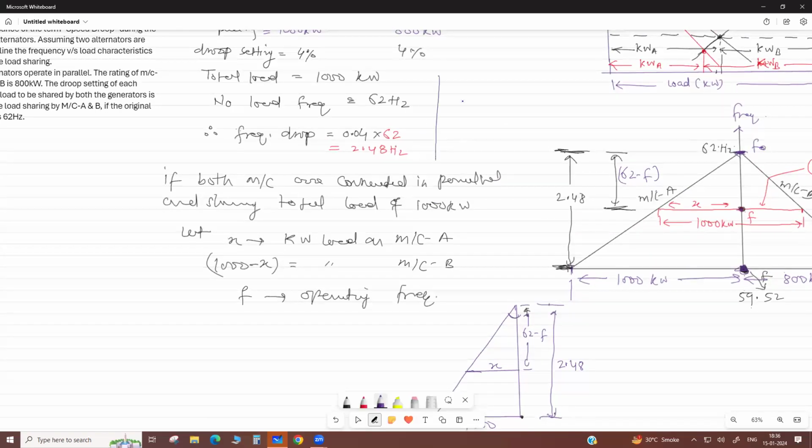And ये वाला जो हमने कैलकुलेट किया है ना, ये कहाँ से आया? We have calculated like this. Percentage drop means what? 4%. 4% means 4 divided by 100 equals to F0 minus F by F0. ये F0 इससे मल्टीपल हो गया, तो F0 minus F equals to 0.04 into 62.